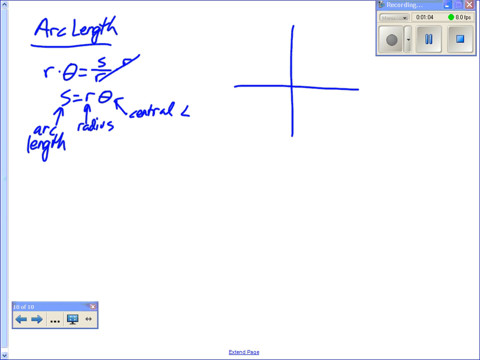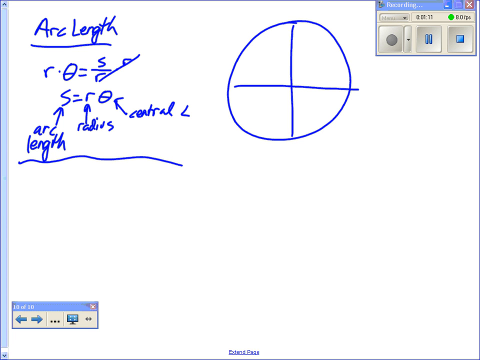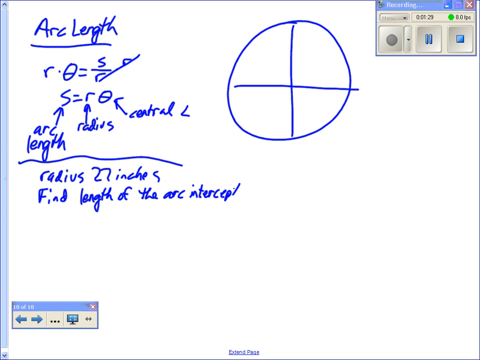So let's say we have this circle, and it has a radius. We have this circle with a radius that's 27 inches, and let's go ahead and find the length of the arc intercepted by a central angle of 160 degrees.